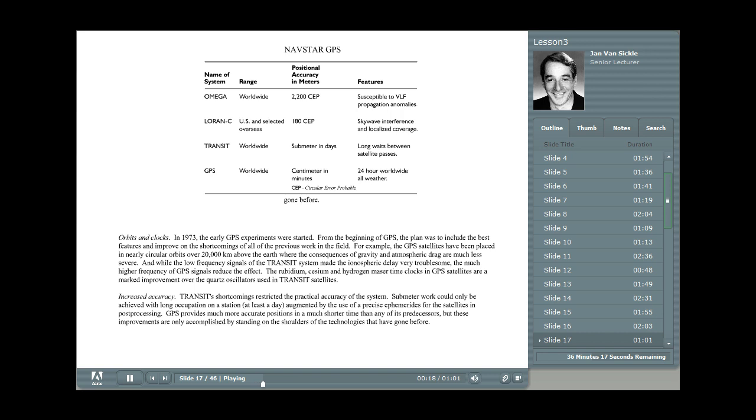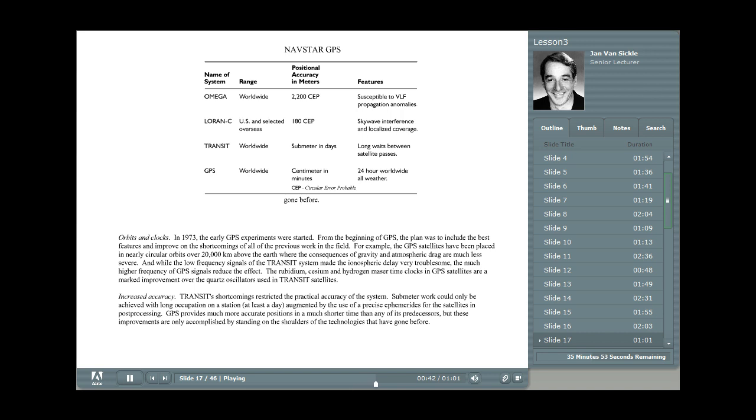But in early 1973, GPS was starting to be considered. And perhaps one of the reasons that the 20,000 kilometer orbit was chosen was learning from transit. It became apparent that a higher orbit was better.